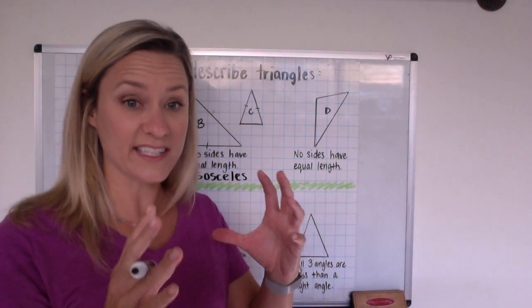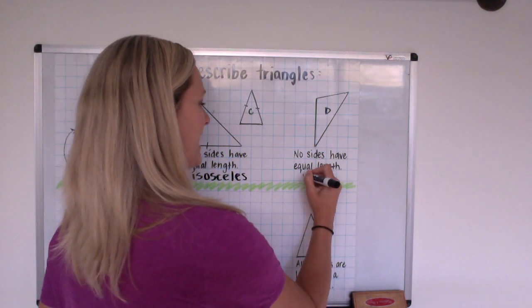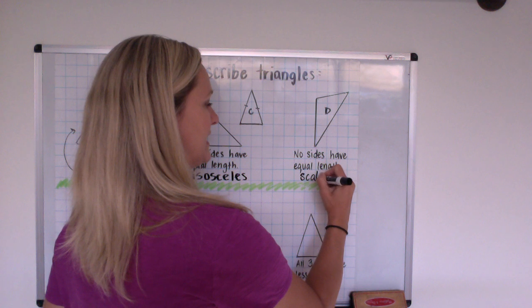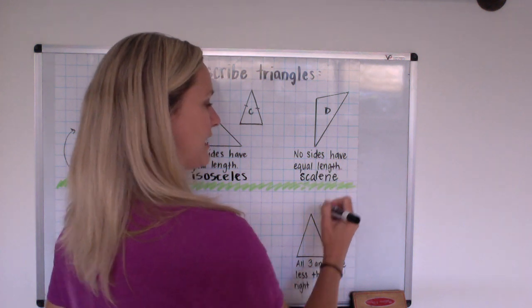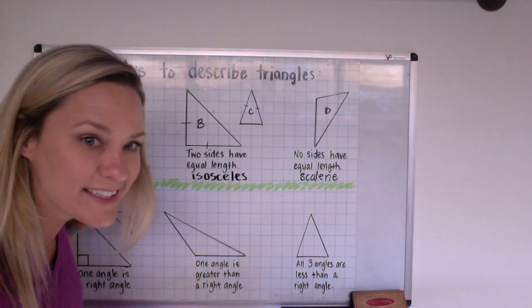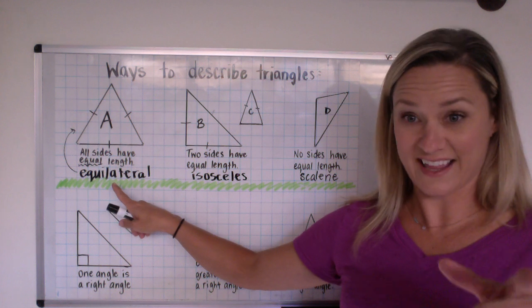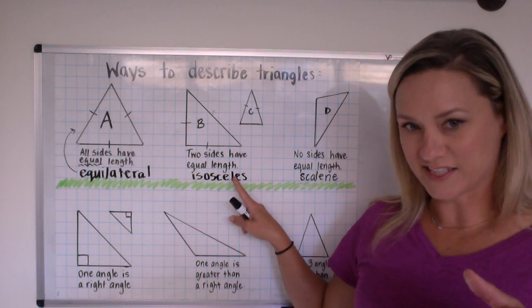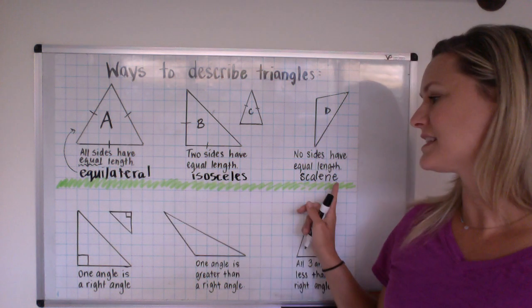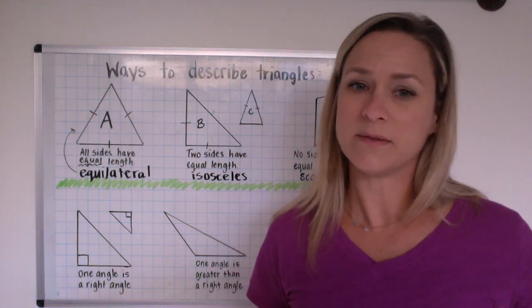It's like it has the word scale in it. Scalene. Weird. Okay, so we have equilateral triangles. Say that, equilateral. Isosceles and scalene.